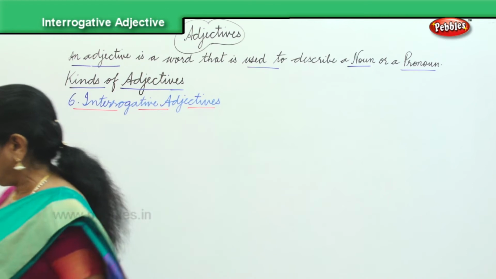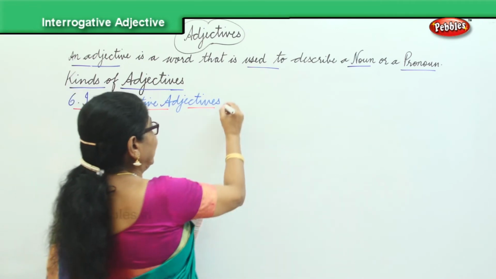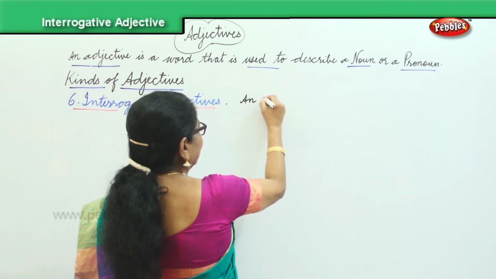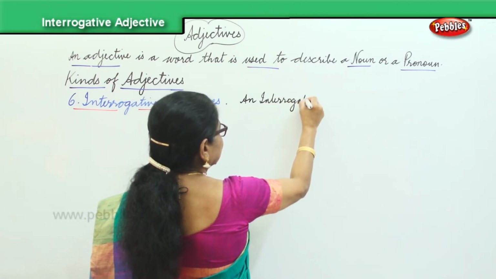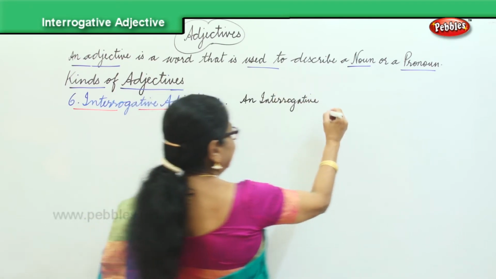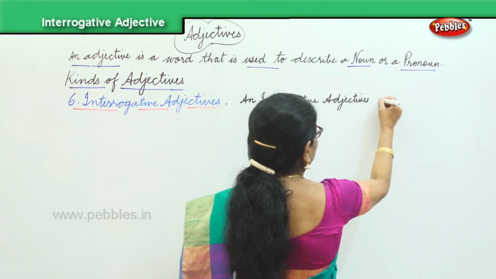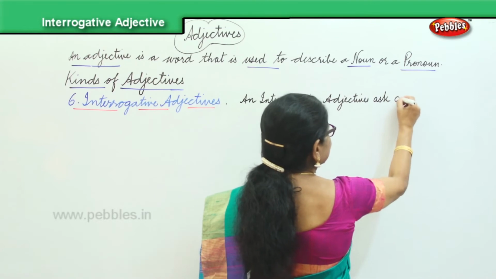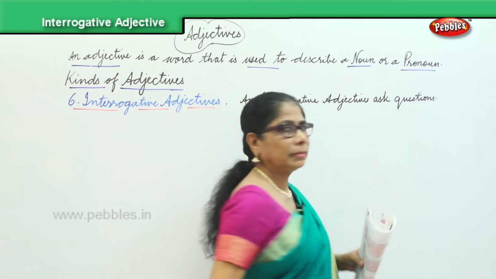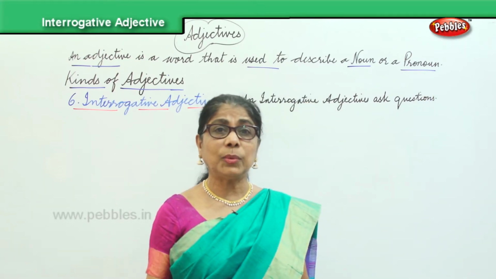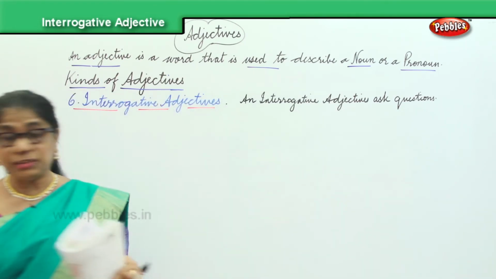And what do they do? An interrogative adjective asks questions. Very simple and very easy to identify.